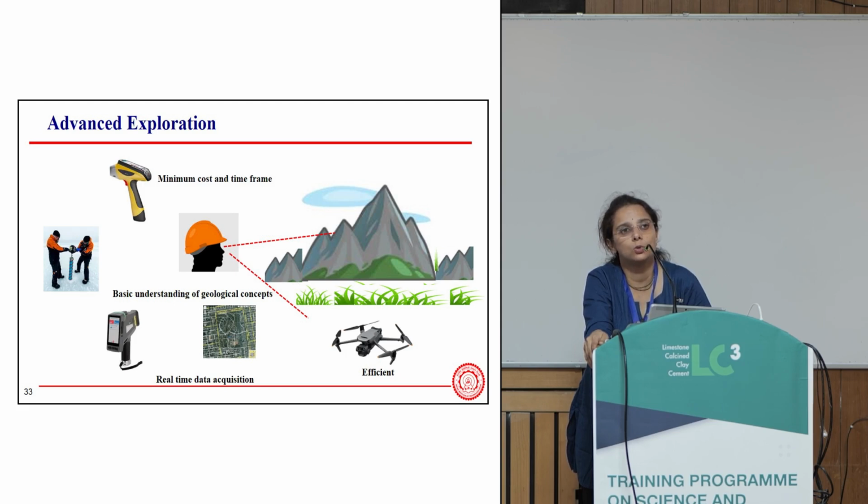Drones are nowadays used in every step of mining, from exploration to the blasting of the mine, so they are very important. These are modern techniques, and geoscientists should be expert in them, and we should know the geological concepts of where to find a particular type of clay mineral within different environmental settings.